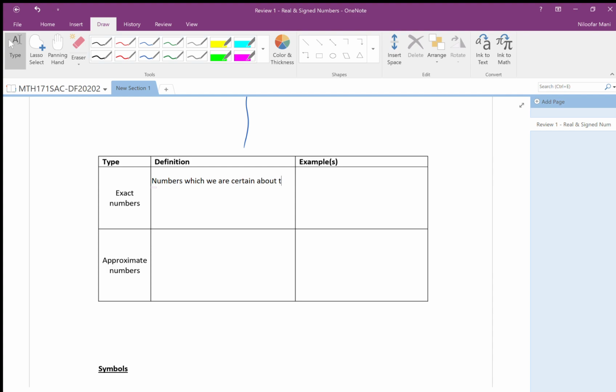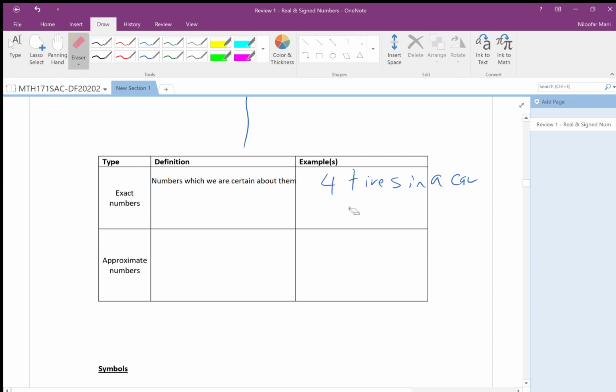For example, if I say a car has 4 tires, 1, 2, 3, 4, I can count them. If I say I have 3 gifts for you, I have 2 gifts for someone, I can count them, 1, 2. If I say I have 30 students in my class, I can count them. Those are exact numbers.